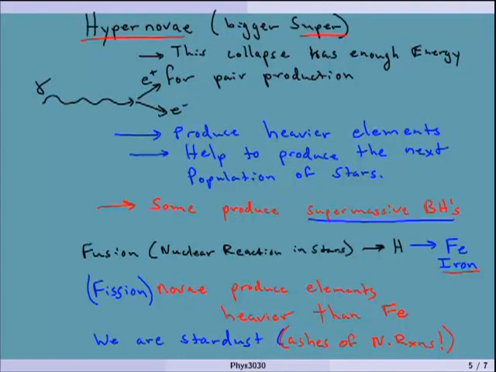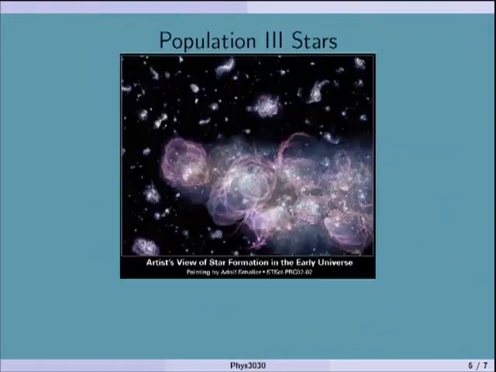Oh, I do have just one more thing here. I have a picture, and I have given you guys a website to take a look at. But this is a picture of these population 3 stars getting started, and what this is supposed to be is waves of the ionization as the UV radiation is given off by these stars into the surrounding area.